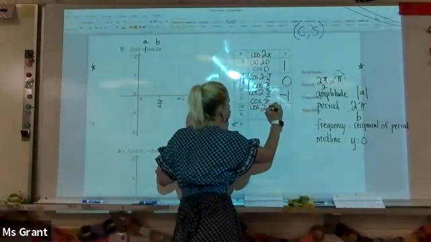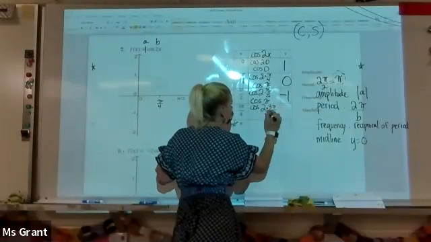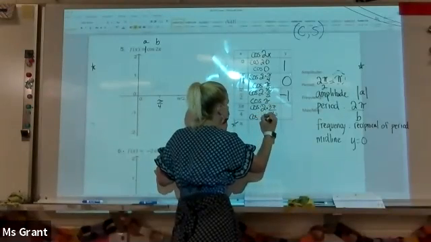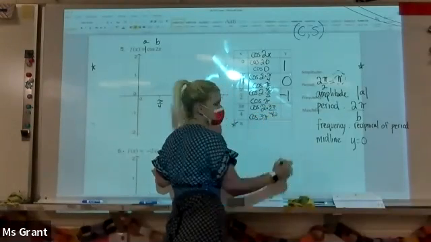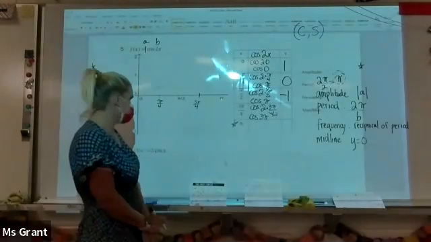Cosine 2 times 3 pi over 4. Cosine 3 pi over 2.